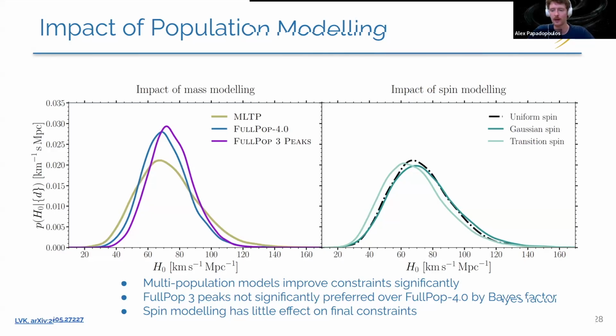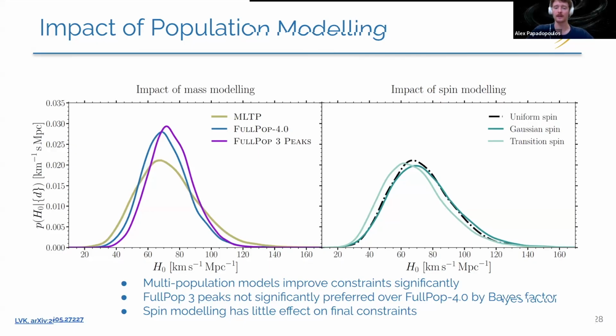So another intrinsic parameter of these gravitational wave events is their spin. The spin modeling is done only for the binary black holes. So this is using the MLTP, the multi-peak model, and we add these 2 additional models, parameterizing the spins either just as a Gaussian or using a transition mass to provide an extra cosmological feature.